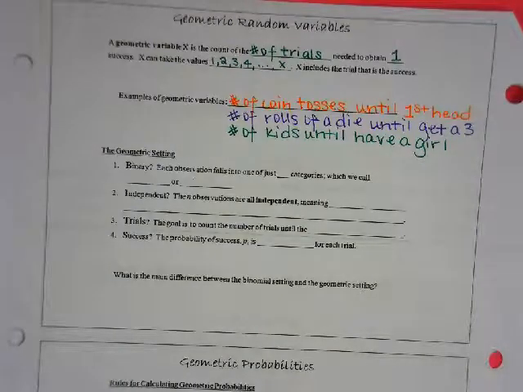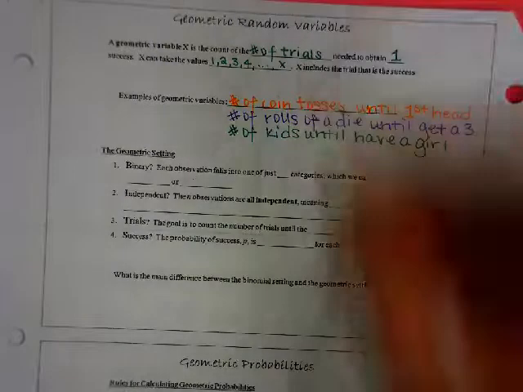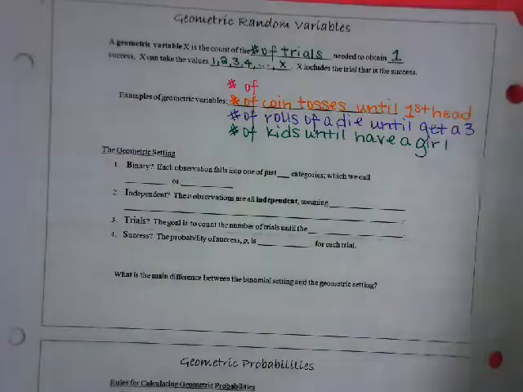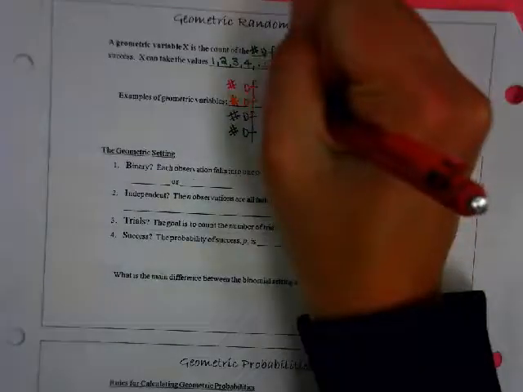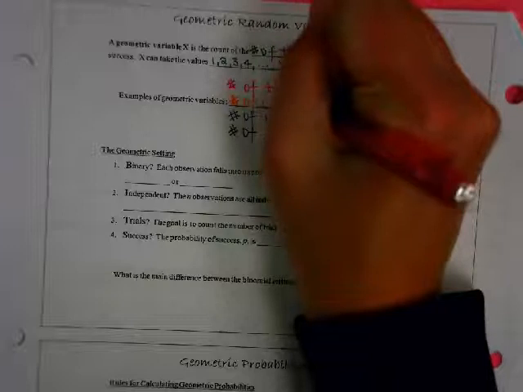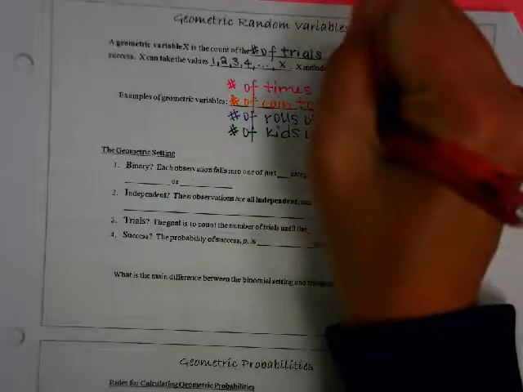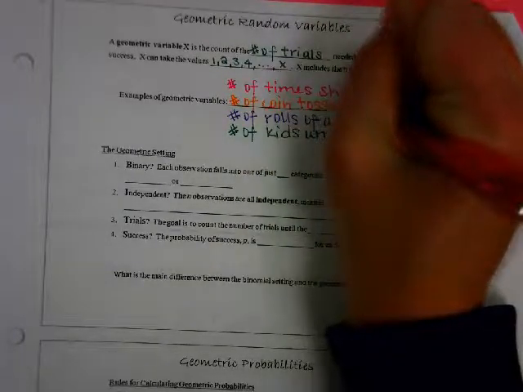Those are all examples of geometric variables. Of course, there are a ton more out there. I'm going to abbreviate free throw as FT.